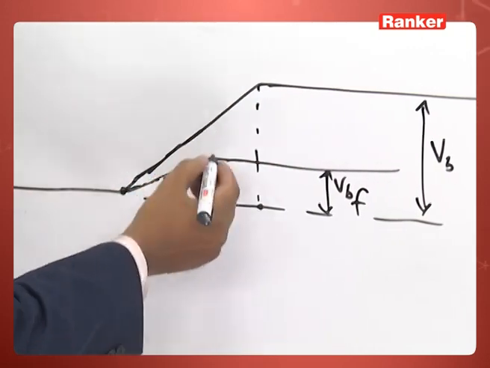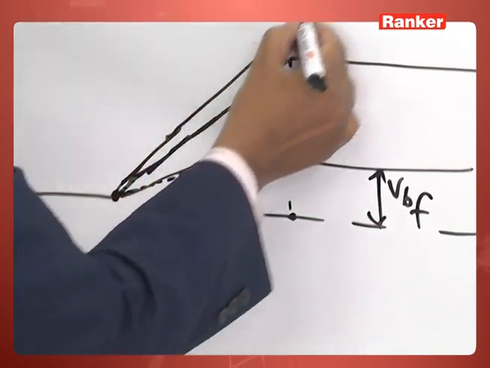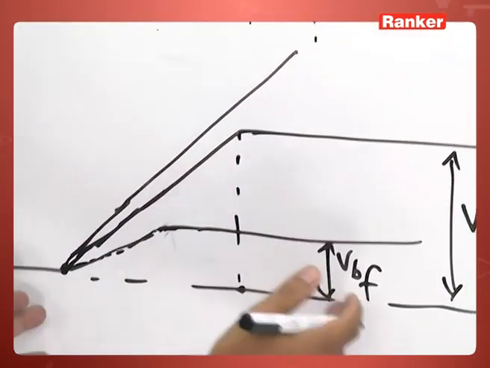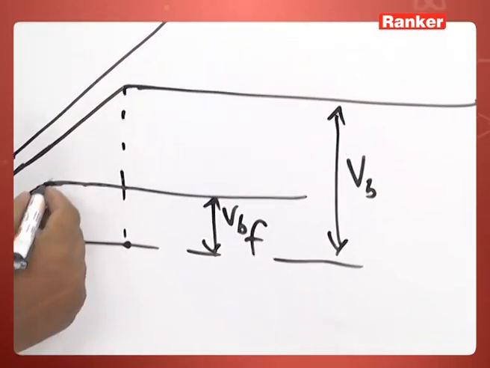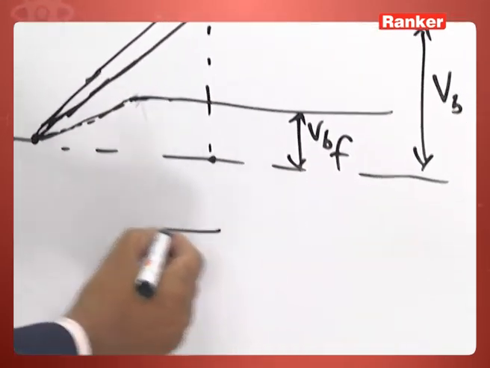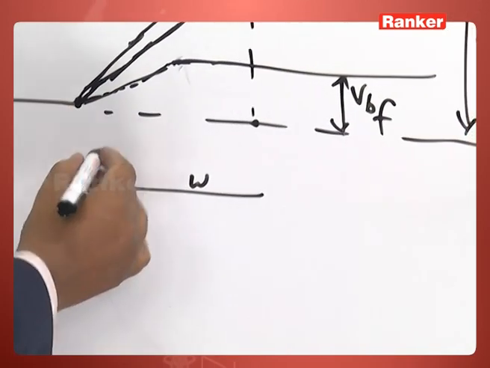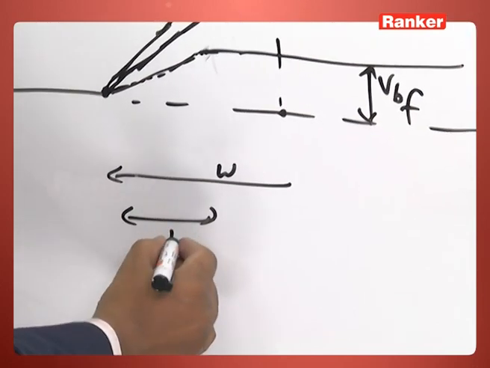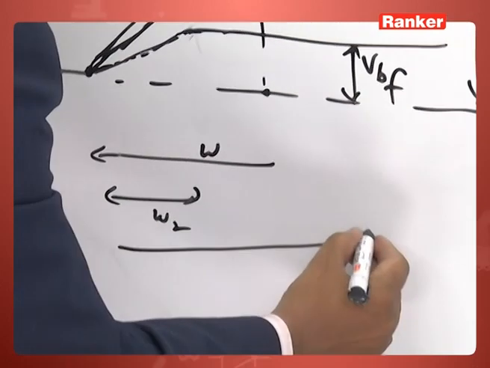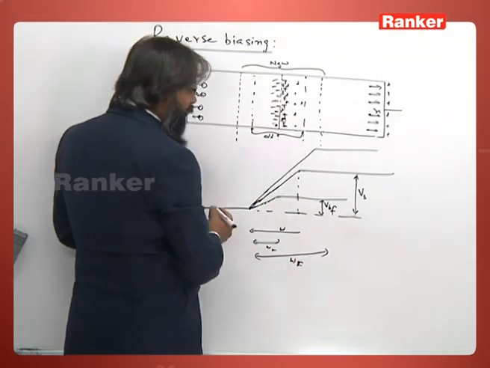Now, if I say reverse biasing, then this width increases. So, this is the initial width without any biasing, this width is during reverse biasing, and this width is during forward biasing.